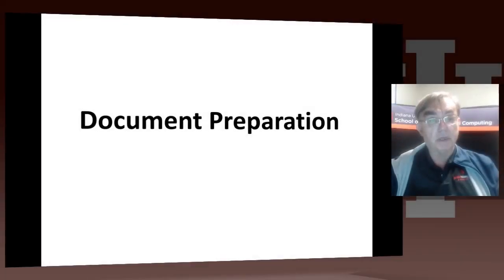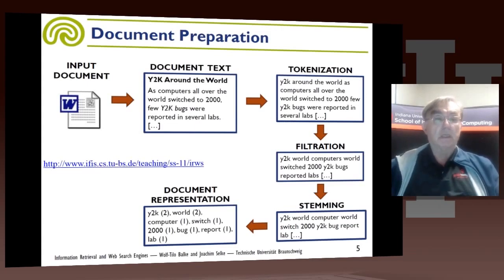All right, now we have a little quick discussion of how you prepare documents. So you start with your input document from the web or from Word or what have you. That has some text. Here's some sample text with a header and some text, and the text is either italic or not italic.